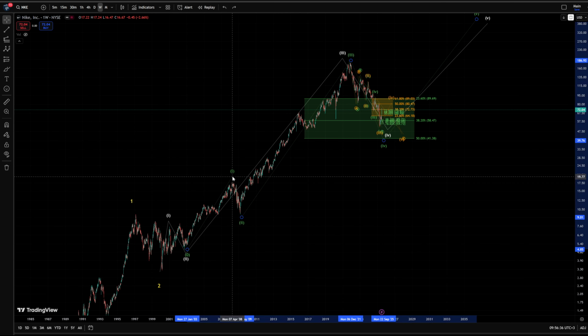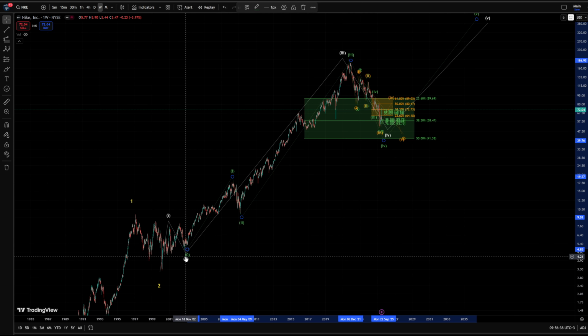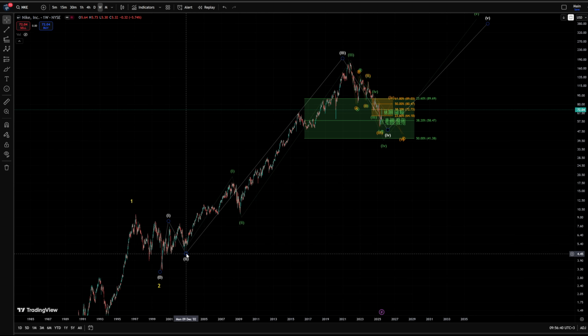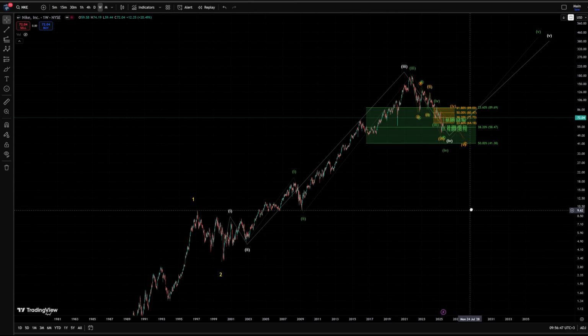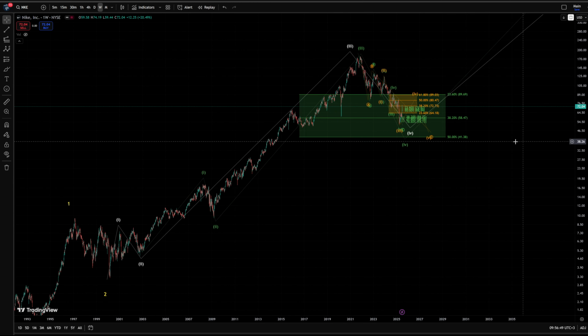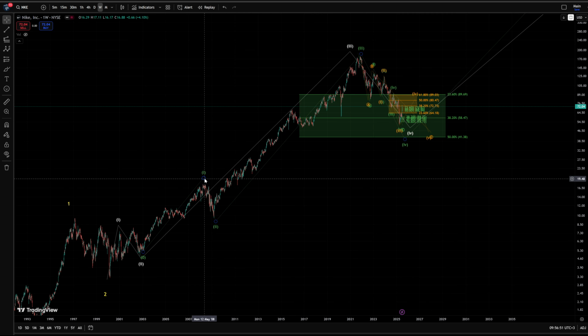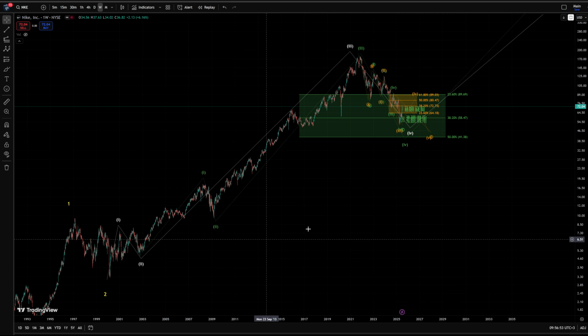And while it can be counted in many ways, we are mainly tracking these two scenarios because I want to keep it simple. There's no point in overloading with information on how many different counts we can come up with and how many slightly different support zones we can track.